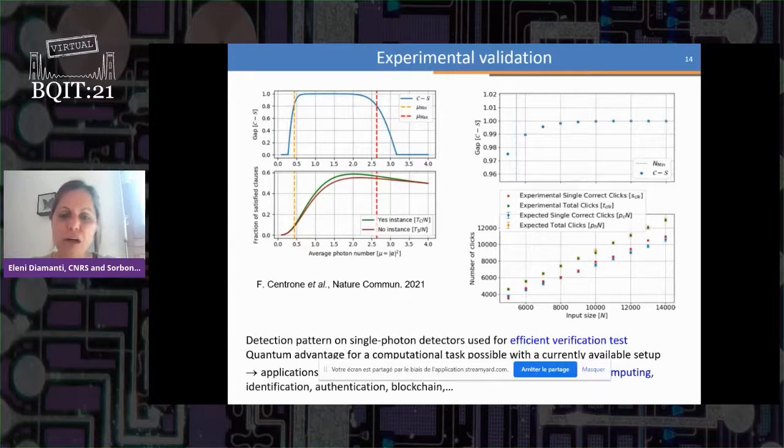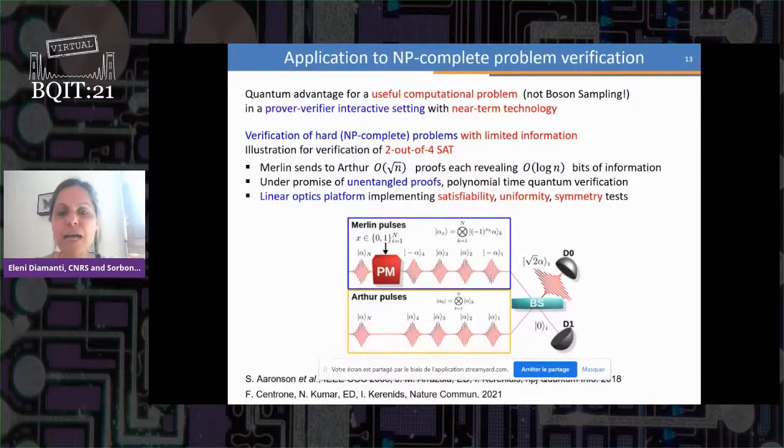So this is an example of how a quantum advantage can be used for useful applications. We're thinking, for example, of server-client type secure computing, where the prover, Merlin here, is a quantum computer that can perform this type of computation and find the solutions, or has access to solutions to an NP-complete problem.